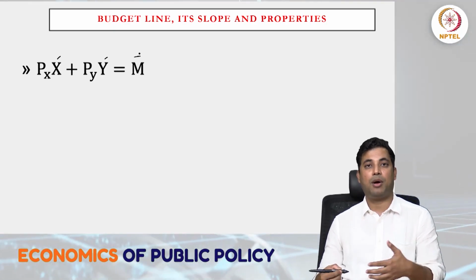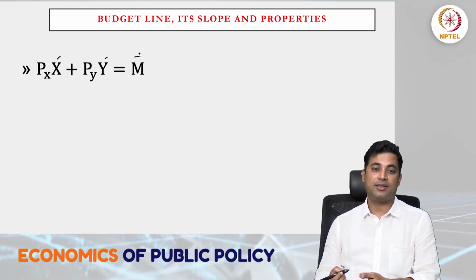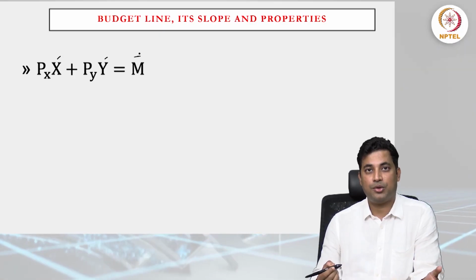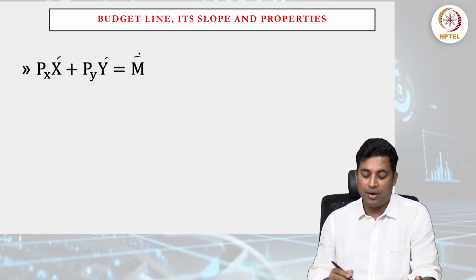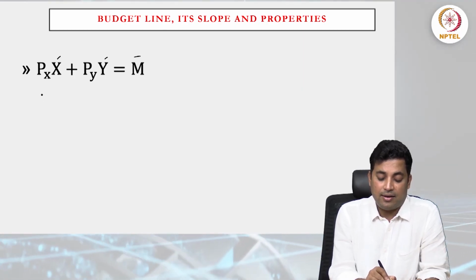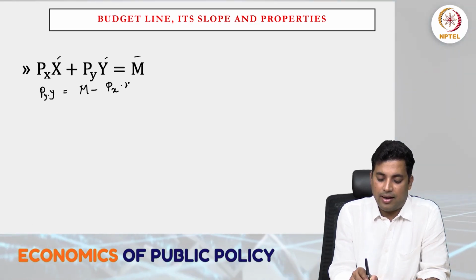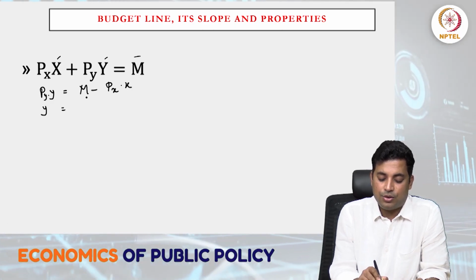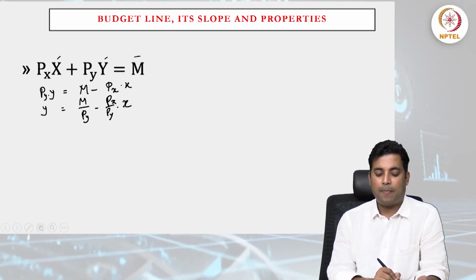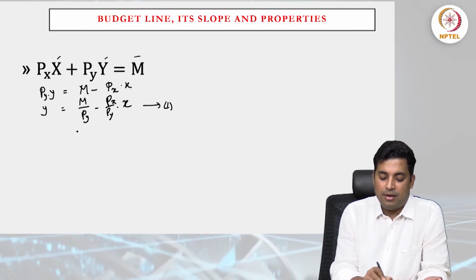Here M is the total amount of resources available to consume, and therefore M is fixed and my total budget cannot cross M. So it is either equal to or less than or equal to the total budget M. Now, one can write this equation as Py Y equals M minus Px X. One can also write Y equals M by Py minus Px by Py times X, and this is equation 1 of the budget line.